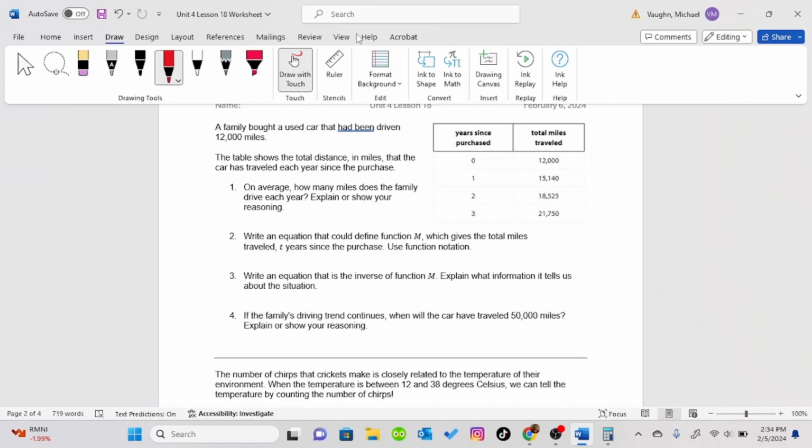So, if we want the average number of miles, we're looking for the slope. So, we end with 21,750 miles total. And we started with 12,000 miles.